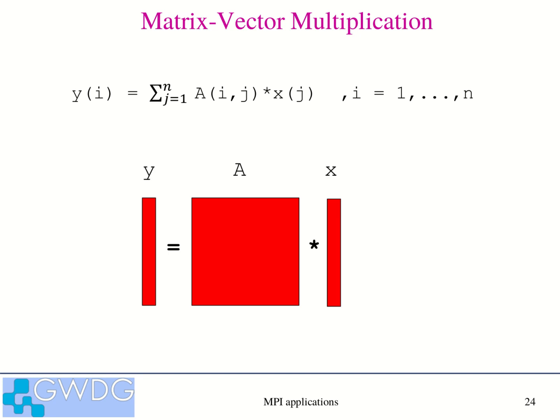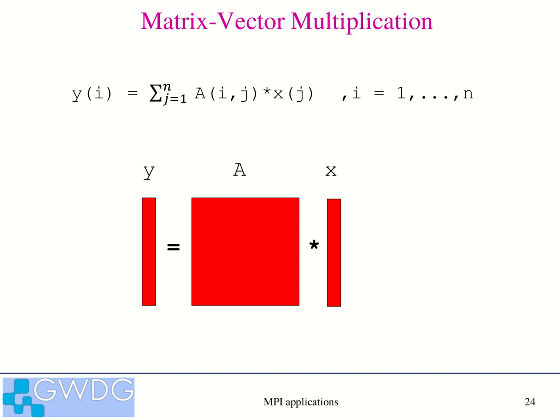What is the matrix vector multiplication? If you have an input vector of length n and a matrix of size n by n with n columns, each row has the same length of n.